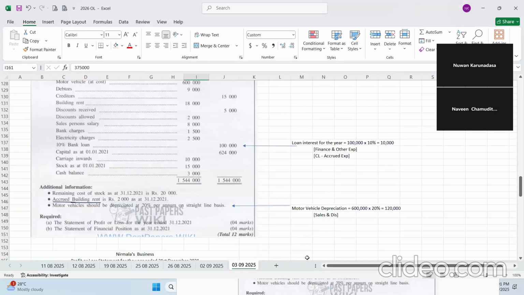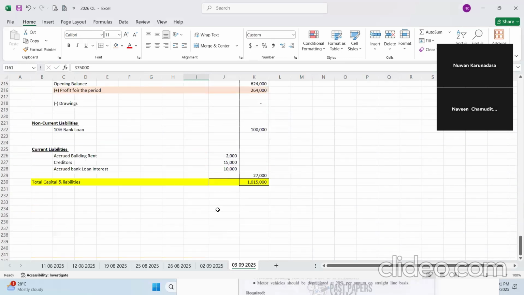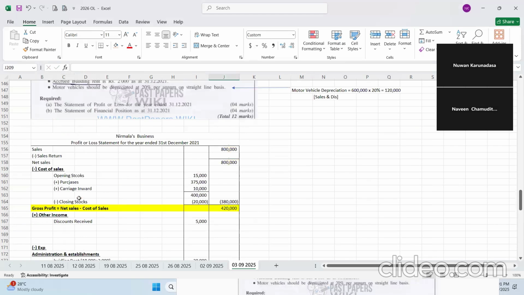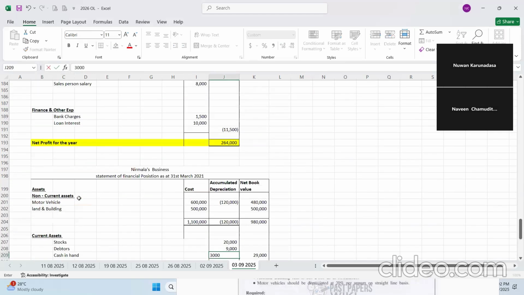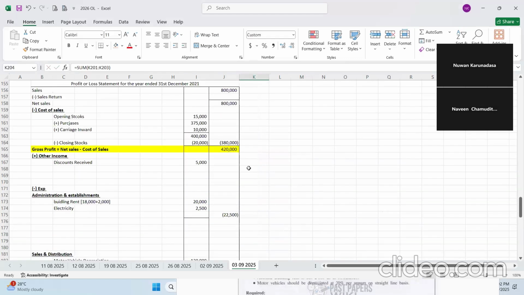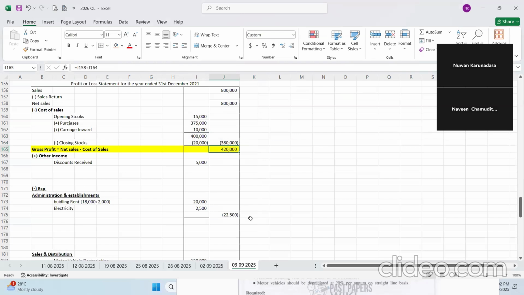Cash balance, current assets, cash in hand 3,000. Then the question we have done. We'll see whether it's balancing. Here the total is taken. The cost of sale is 420.